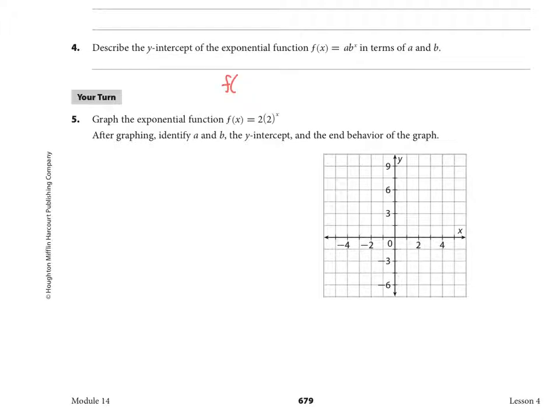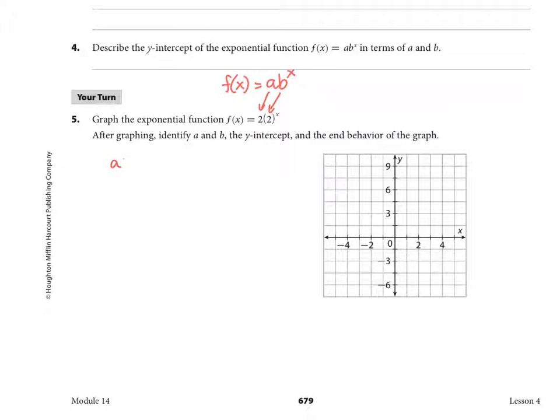Our general form, we can use y or f of x, is a times b to the x. If I compare a times b to the x to this, then our a is that first number, and our b is the base of the exponent.